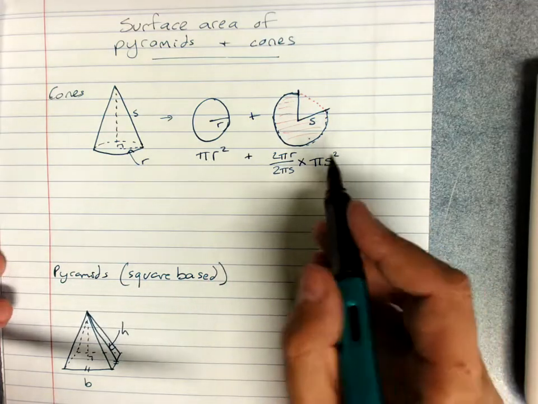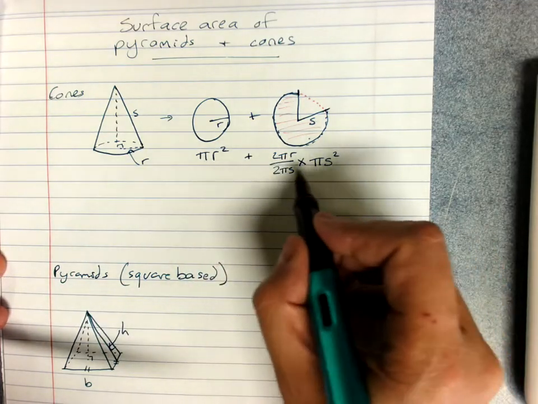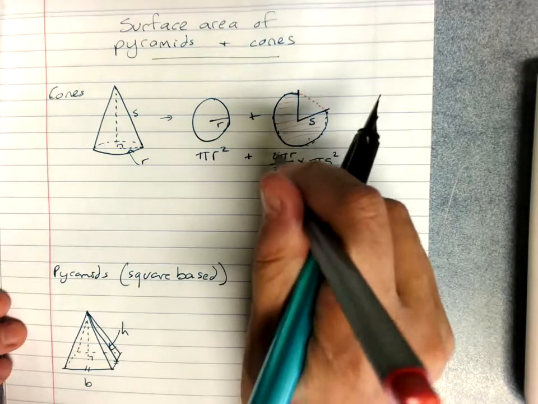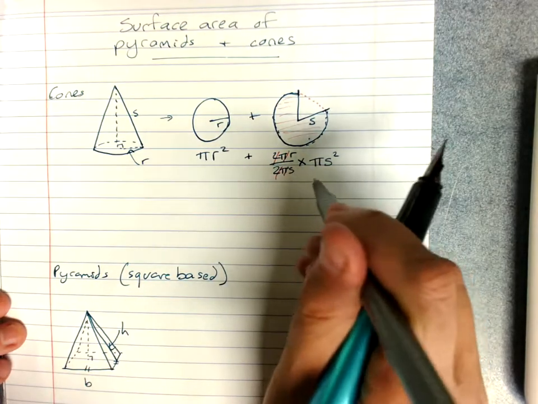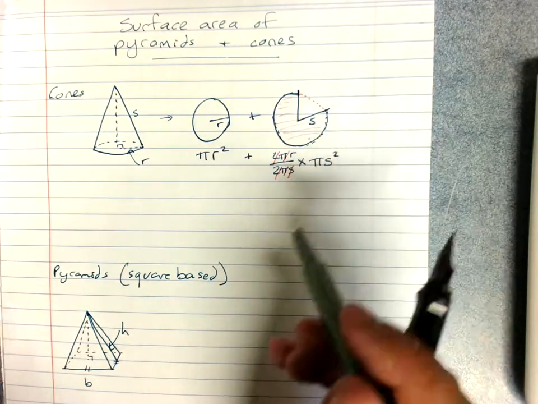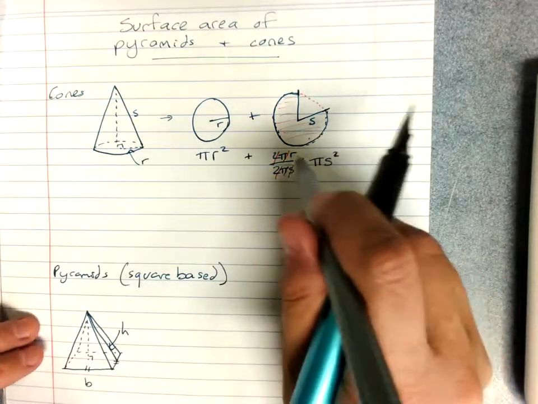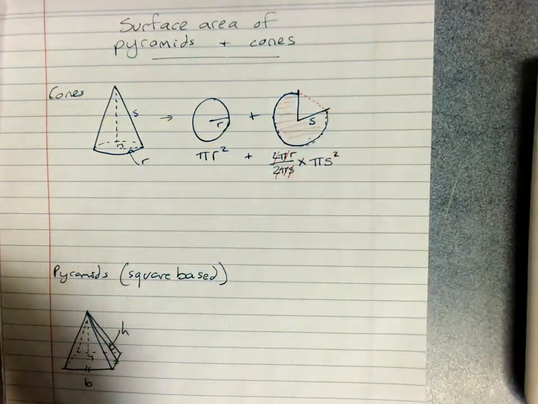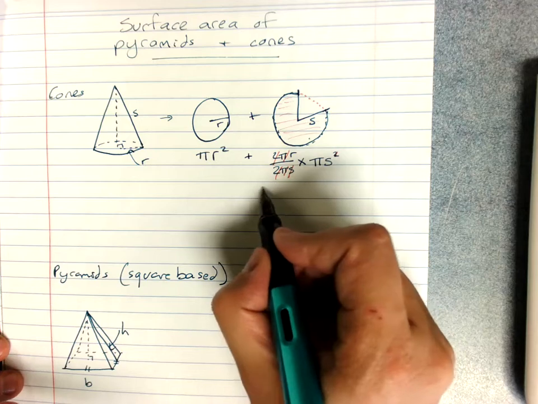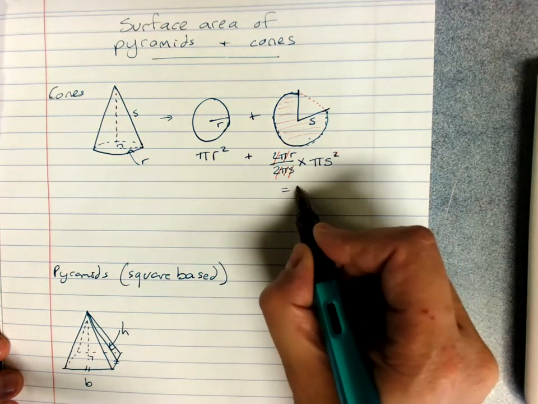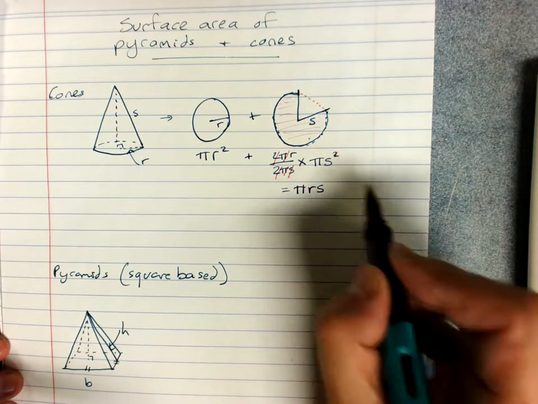Fortunately, we can simplify this down somewhat. We can cancel out the 2's, the pi's, and one of the s's, because of course this is still multiplied, so we are cancelling common factors. And so this comes down to pi r s.